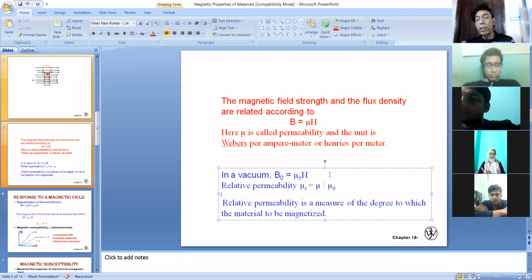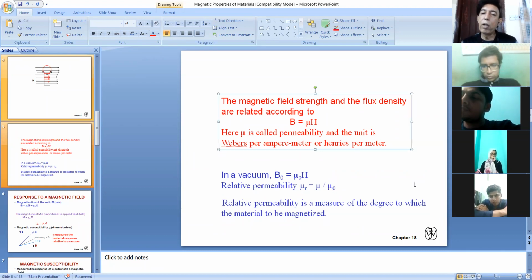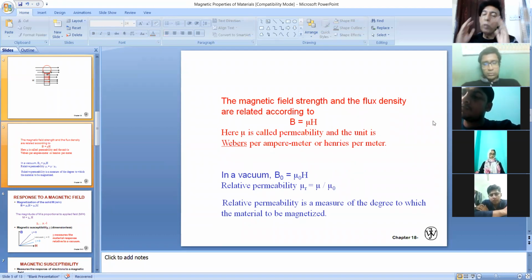So what is the physical significance of relative permeability? Relative permeability is a measure of the degree to which a material can be magnetized, to what extent a material can be magnetized.